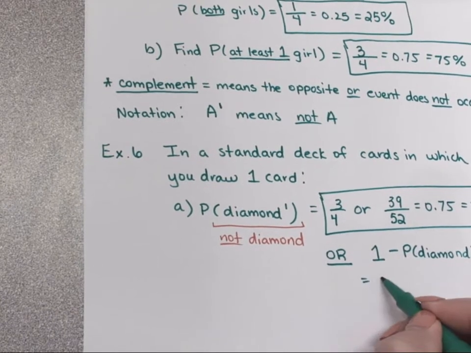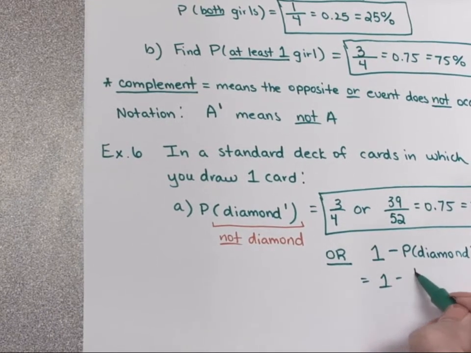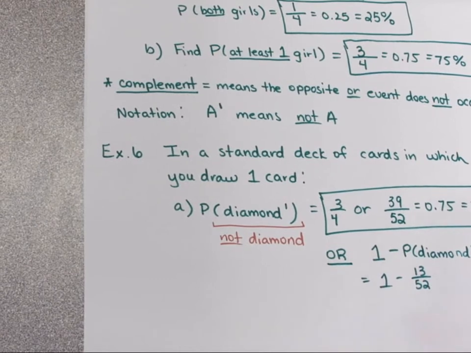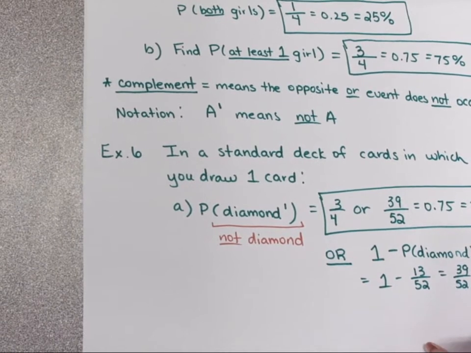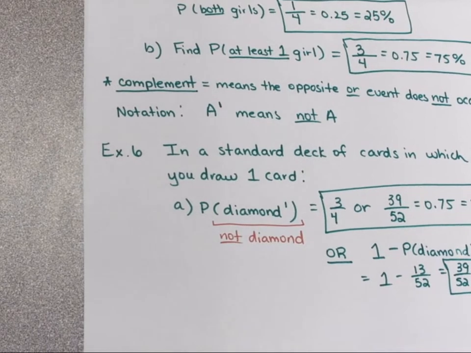So this would be 1 minus 13 out of 52, right? Which in the end would just be 39 out of 52, or 3/4. So notice they're the same. Okay, so sometimes it's easier to look at 1 minus the opposite occurring.